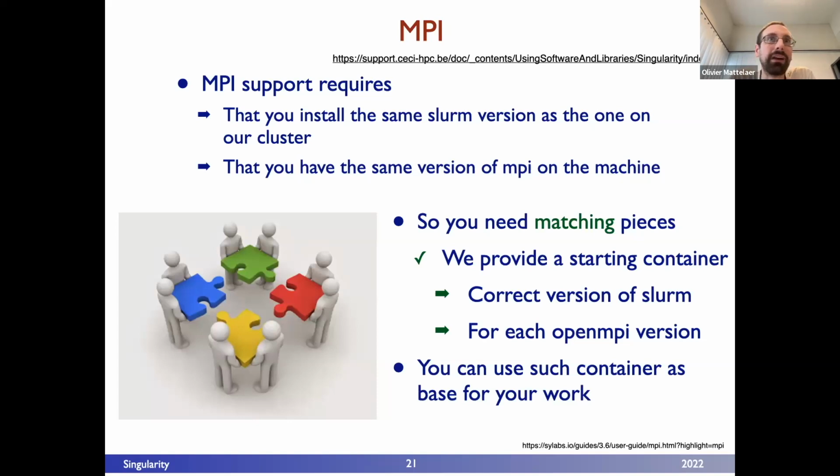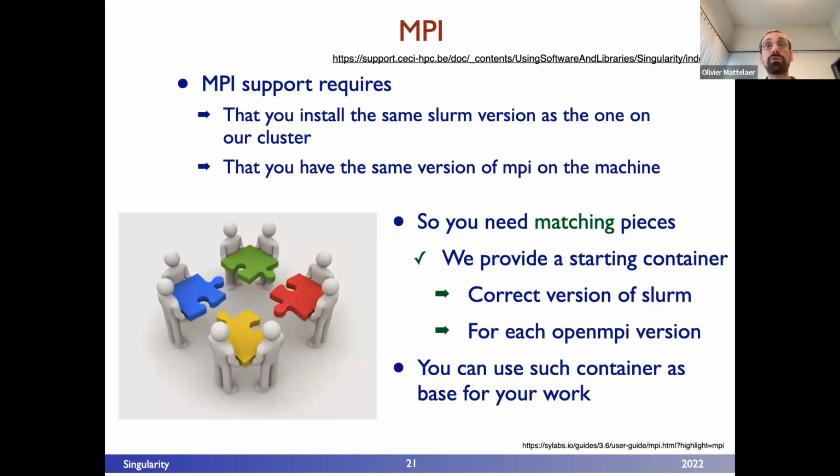If you need extremely advanced ones, then you really need the exact same versions. For more basic features, the major version should be enough. But that's the issue: the compatibility layer there is sometimes extremely sensitive, and you really need to have the same version of Slurm and OpenMPI inside your container.